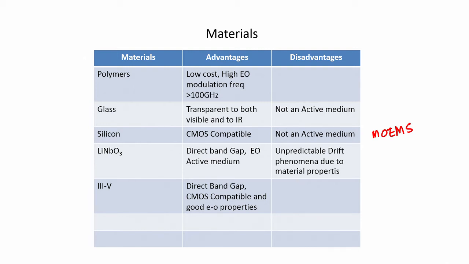And of course, looking into the future, we need compound semiconductors like gallium arsenide, indium phosphide and so on, and combinations of those, like gallium arsenide, indium aluminum arsenide and so on. The 3-5 materials are very important because they have direct band gap properties, which means that we can make very active devices with them, like laser diodes.